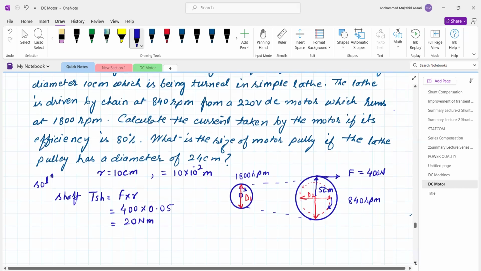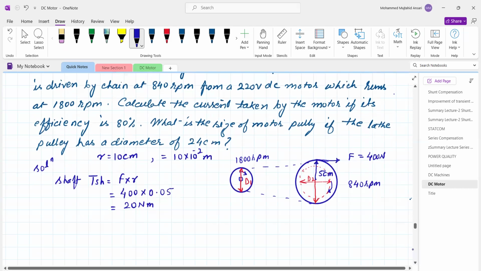Therefore, power output is P equals omega into T, means angular velocity multiplied by torque.